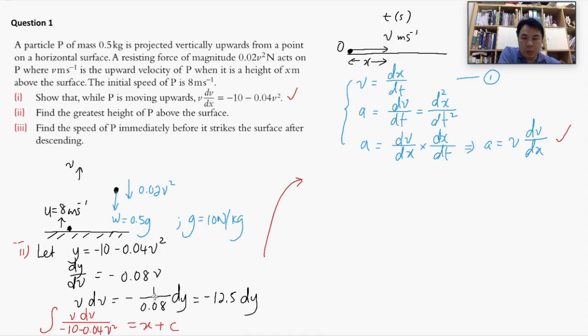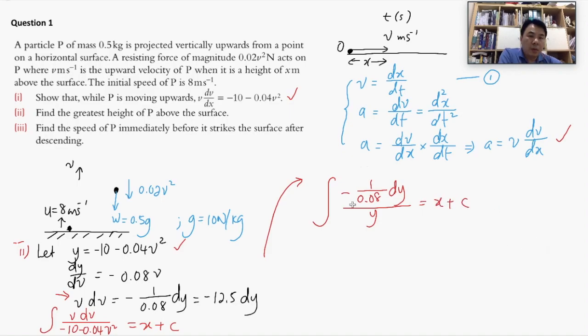By using substitution, we can rewrite the numerator. As you can see, the numerator is given as v dv. So we can replace the numerator as negative 1 over 0.08 dy in this case, and the denominator has been substituted with y, so we can write that as y. The integration is still there, equal to x plus c.